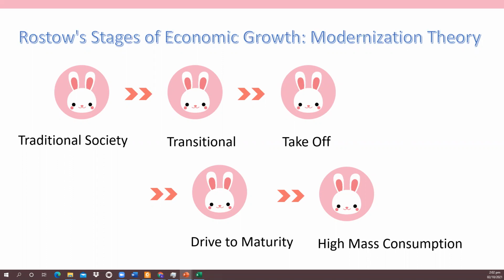Ayan. So yung stage 2, yung transitional or I think precondition for take-off, increase specialization generates surpluses for trading. Okay, so there is an emerge of a transport infrastructure to support the trade.